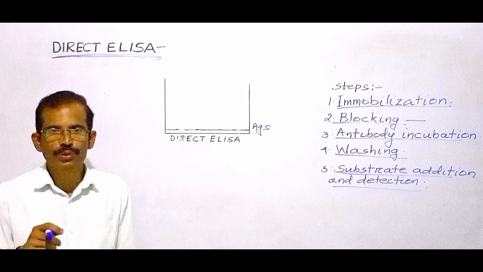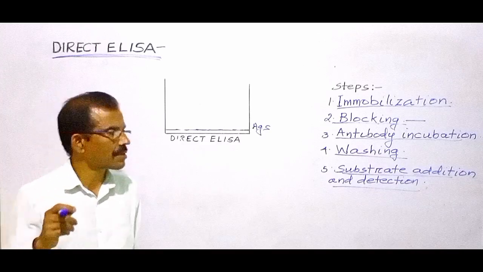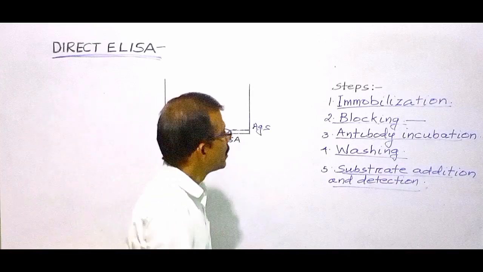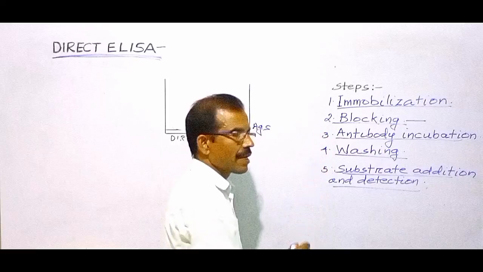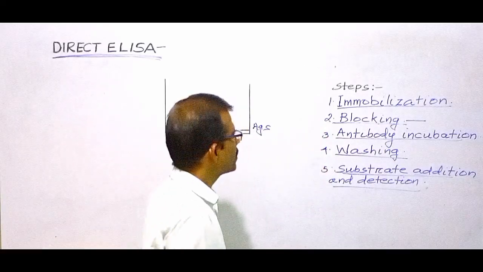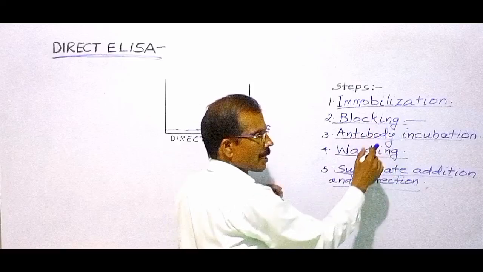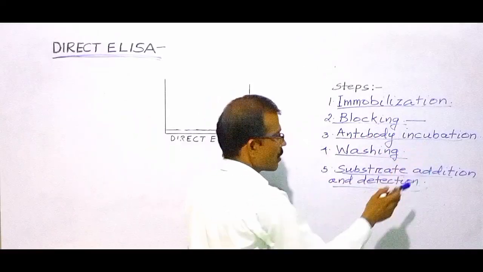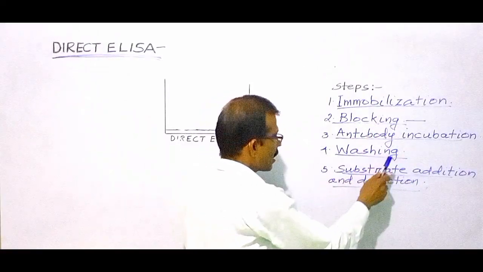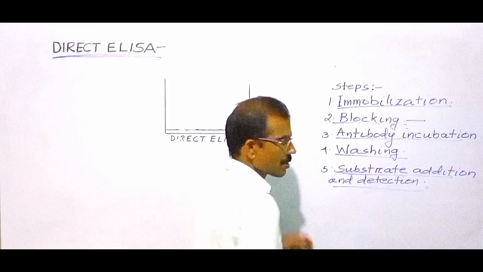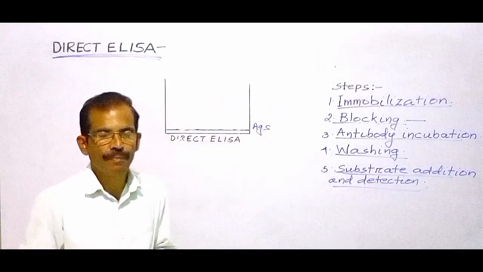It is used in clinical diagnostics and research. The different steps of direct ELISA in sequence are immobilization, blocking, antibody incubation, washing, and substrate addition and detection.